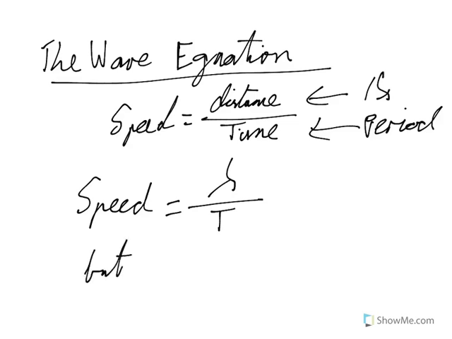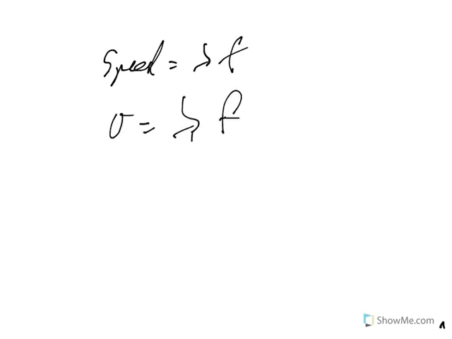But remember that frequency is 1 over the period, so we can replace the 1 over the period in the equation just above with the frequency, and when we do that, we get that speed is the wavelength times the frequency. So v equals lambda f, and that is the wave equation.